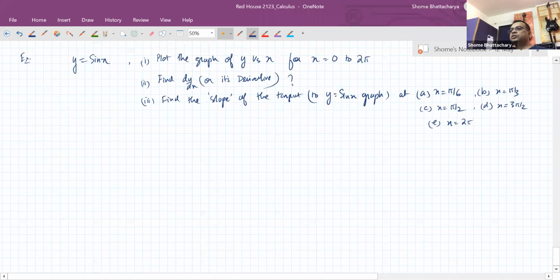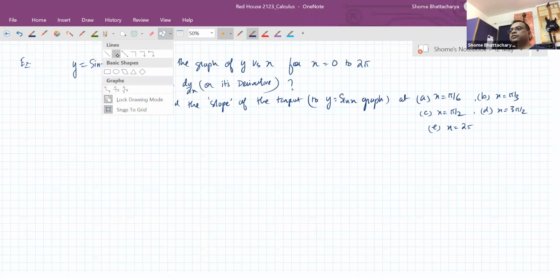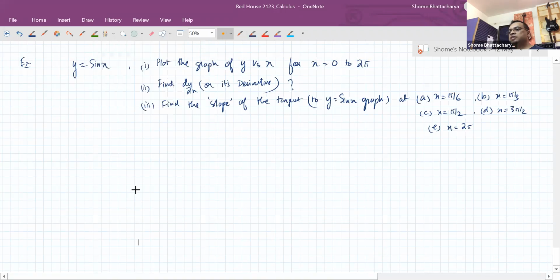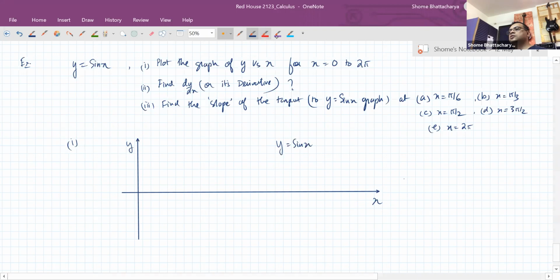So to begin with, I'm sure in trigonometry, all of you are familiar by now with the basic graph of y is equal to sin x from 0 to 2 pi. This graph is just a factual matter: the graph of y equal to sin x looks like this wave.